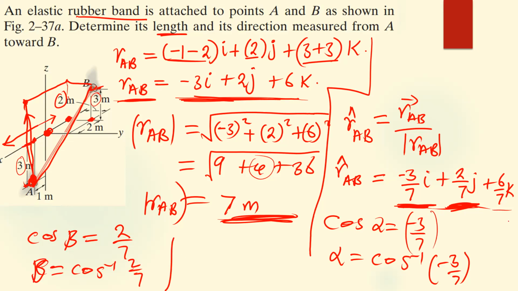And then to find the value of gamma, we say cos gamma is equal to 6 over 7, and gamma will therefore be equal to the cos inverse of 6 over 7. So this is how you find the direction measured from A towards B.